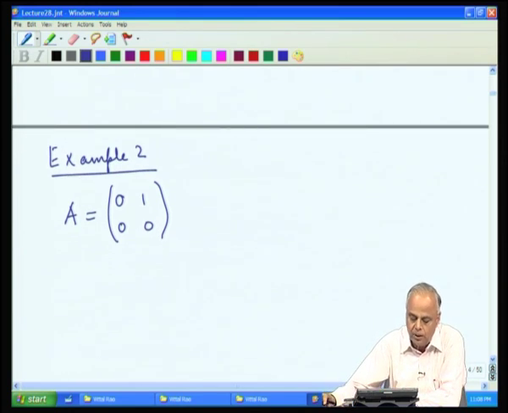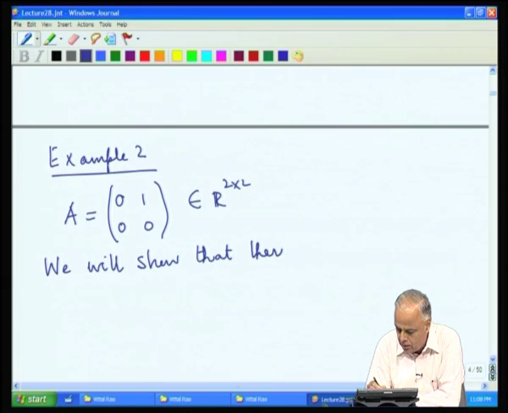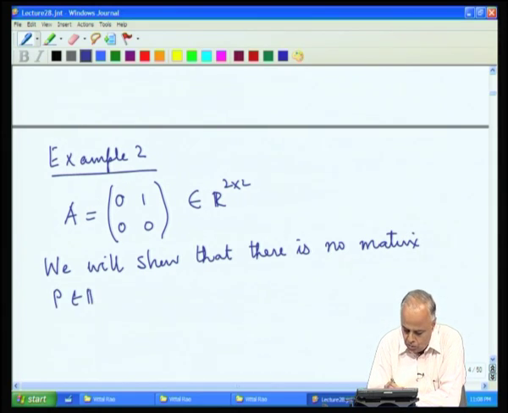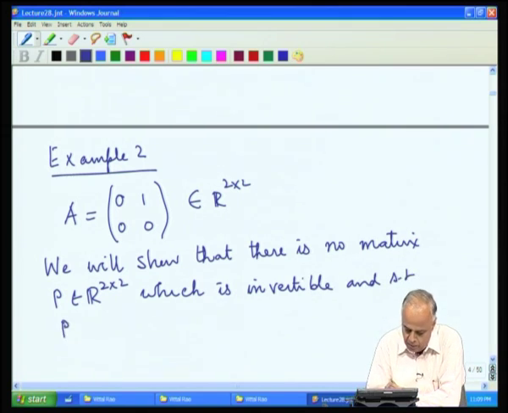We will show that there is no invertible matrix P in R 2 by 2 such that P inverse A P is a diagonal matrix.